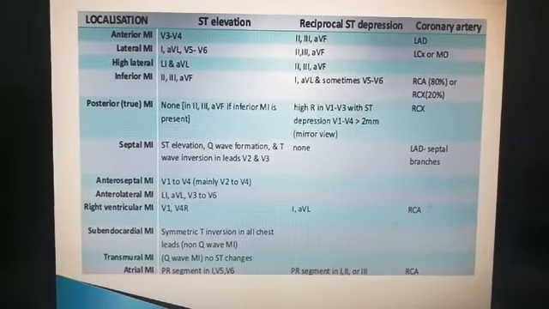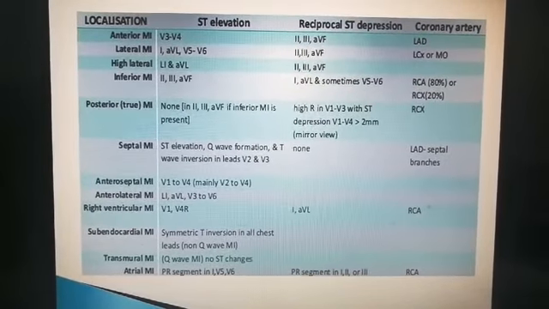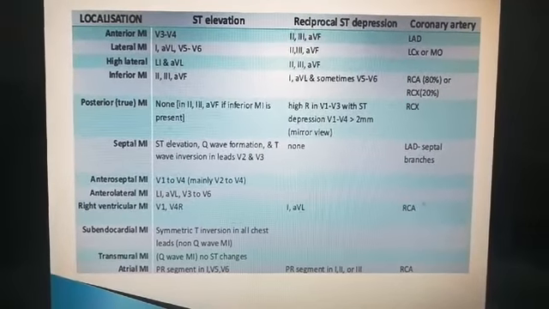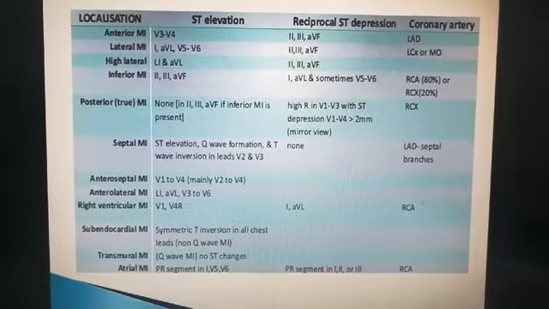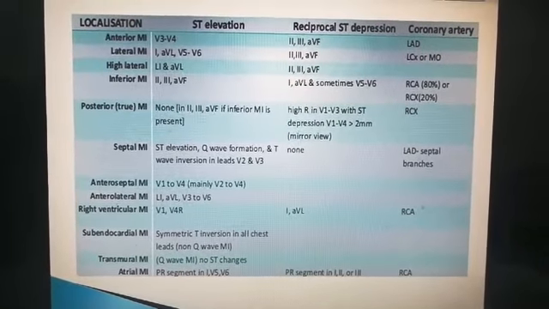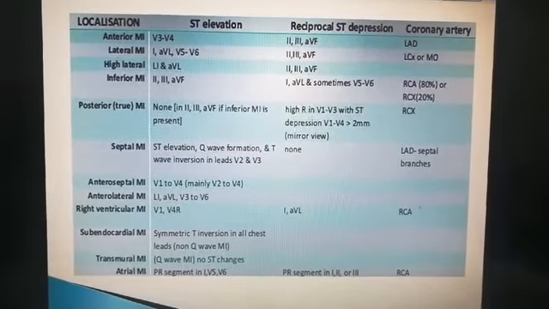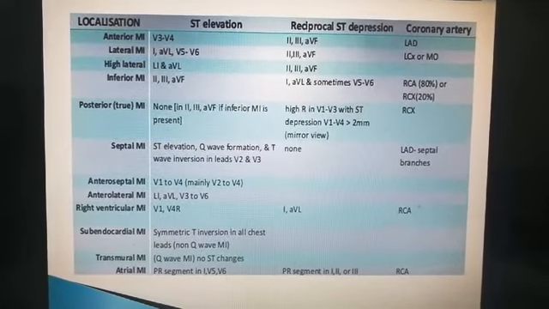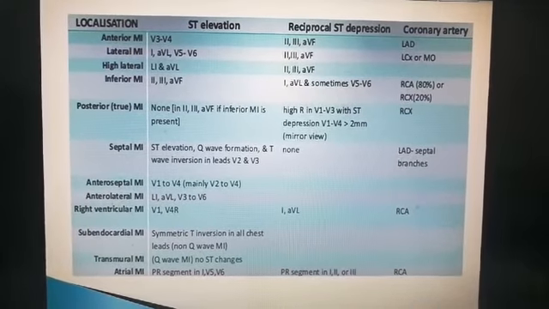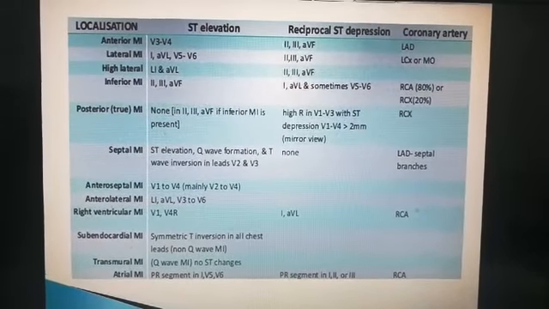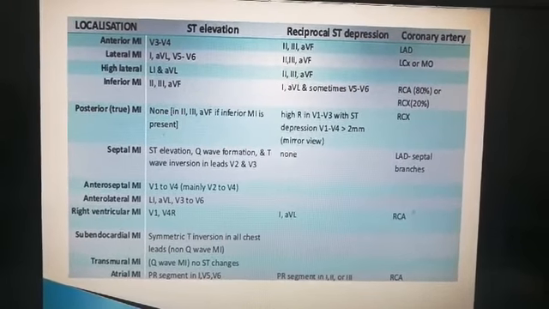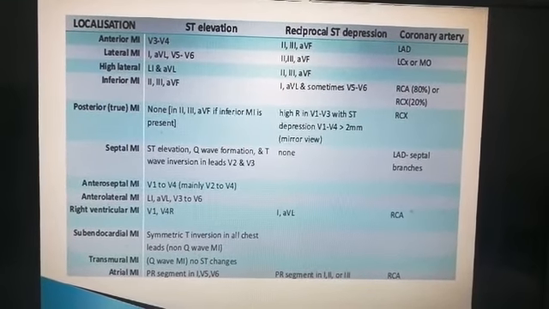In anterior lateral, this is the combination of anterior and lateral MI, so the leads of anterior and lateral MI are involved here: 1 AVL and V3 to V6, because it is the combination of anterior and lateral MI.